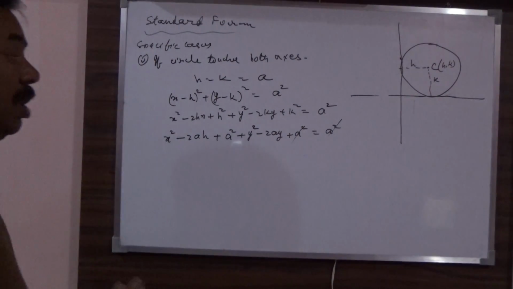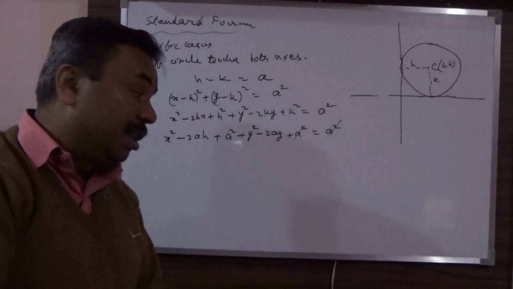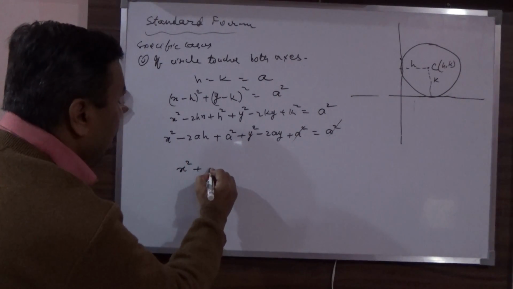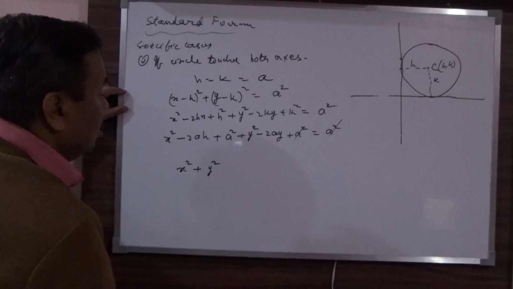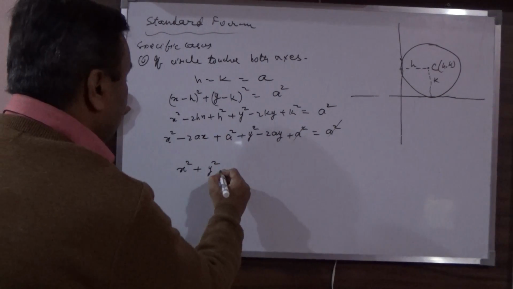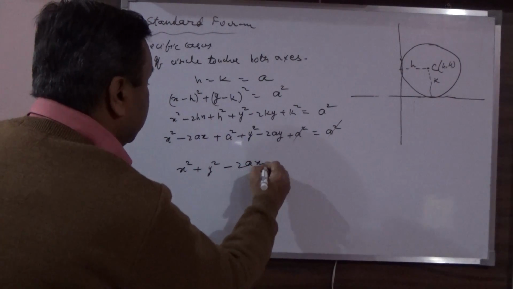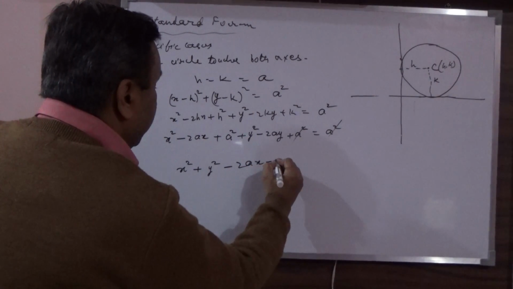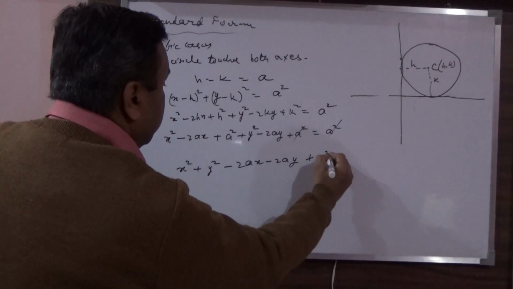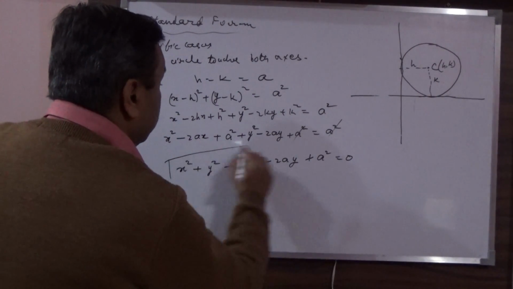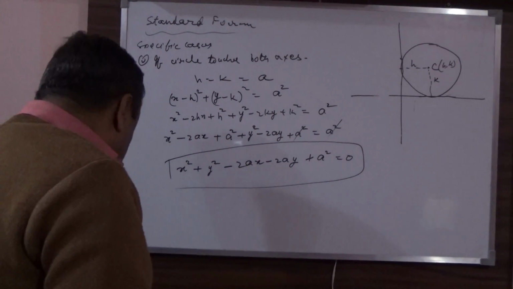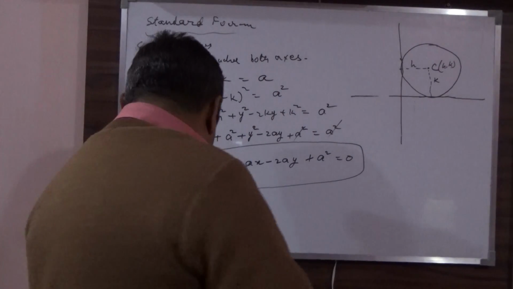One of the a square gets cancelled from the left hand side, and what is remaining is x square plus y square minus 2ax minus 2ay plus a square equal to 0. Okay, so this is the standard form of equation for this case.